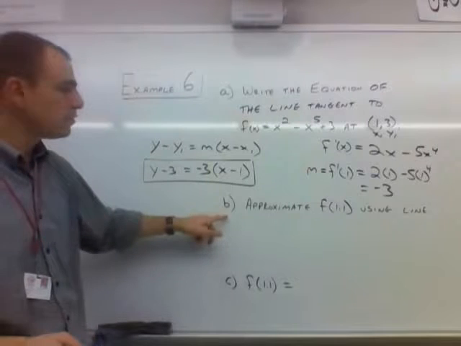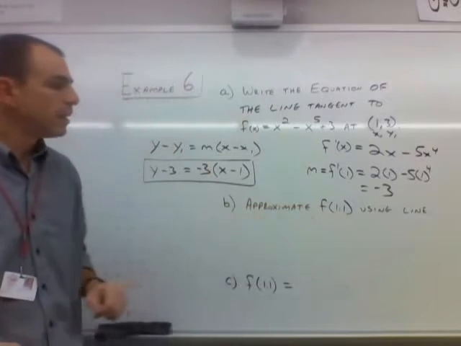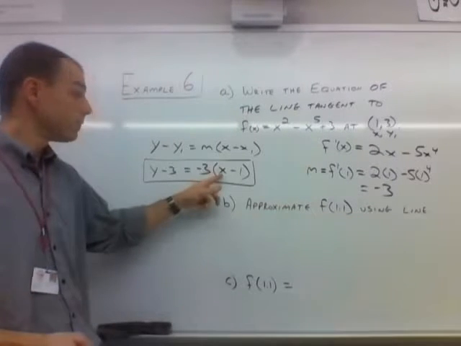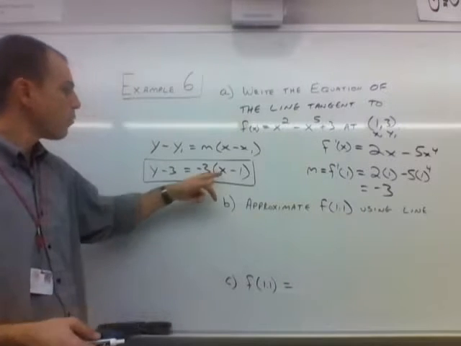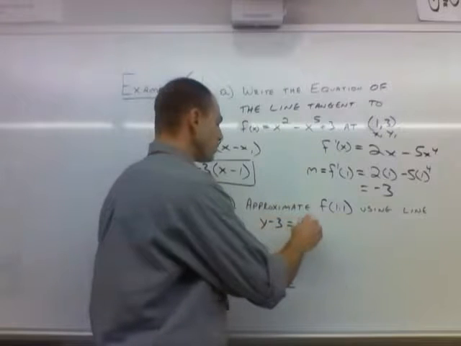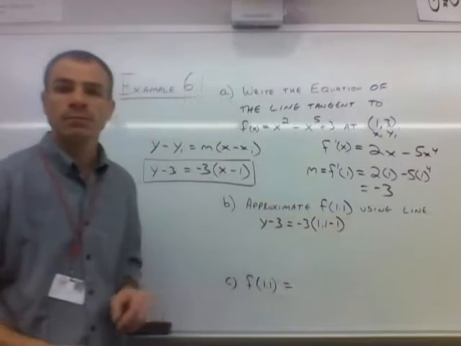Part B says, hey, let's use this now. Use this equation to approximate f of 1.1. So let's plug in 1.1 for x, so we can get an approximate value of our function. If we plug 1.1 in for x, we have y minus 3 equals negative 3 times 1.1 minus 1.